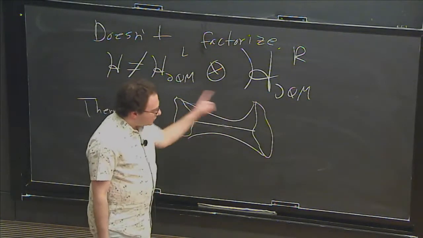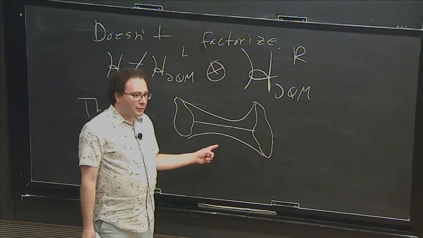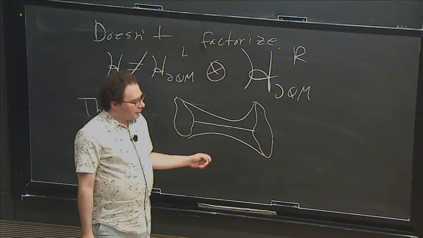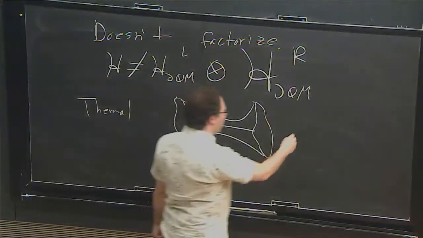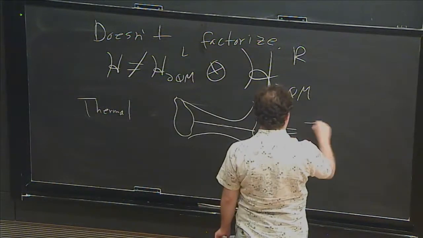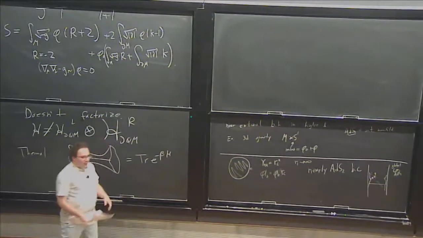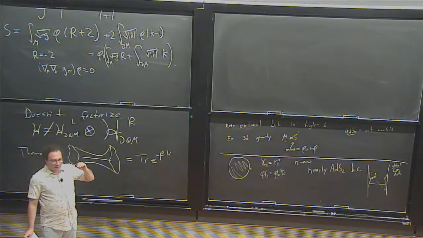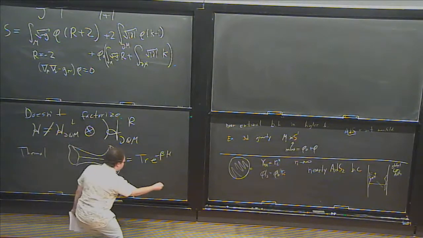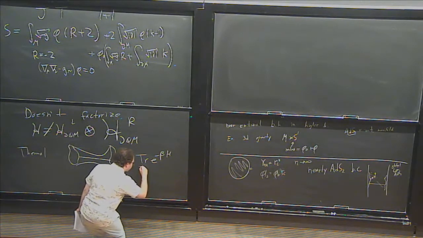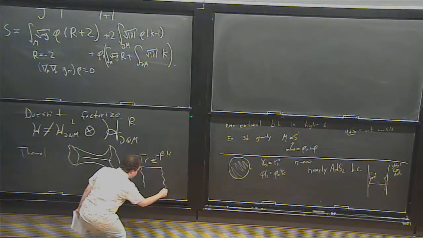From the point of view of this thing as a Euclidean manifold, well, if I compute in that Liouville quantum mechanics the trace of e to the minus beta H, it means that I compute the propagator of the Liouville quantum mechanics, which is this object, right?